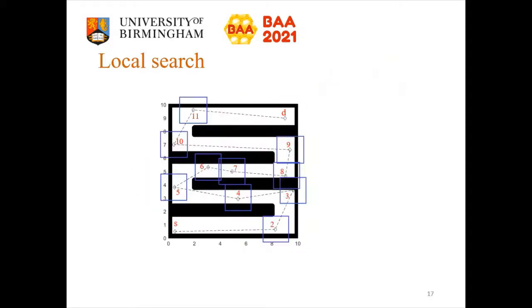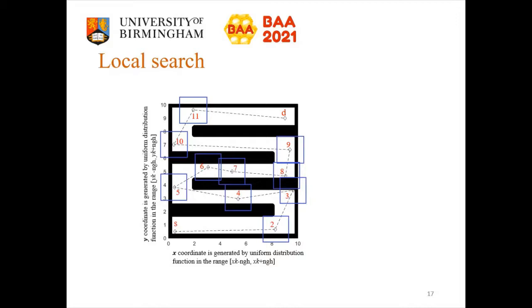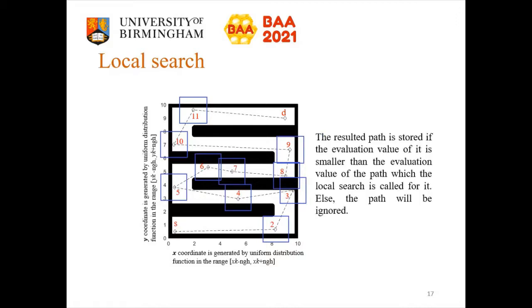The local search is implemented by generating NEB or NSP coordinates in the neighborhood of the points of the former path. The coordinates are generated using a uniform distribution function, and this process will lead to a number of new paths.